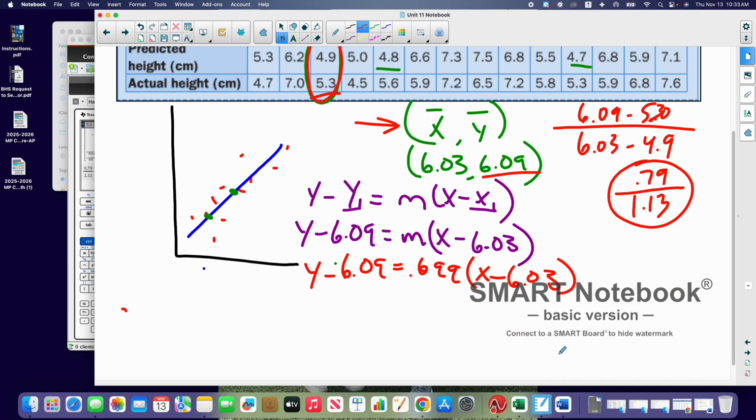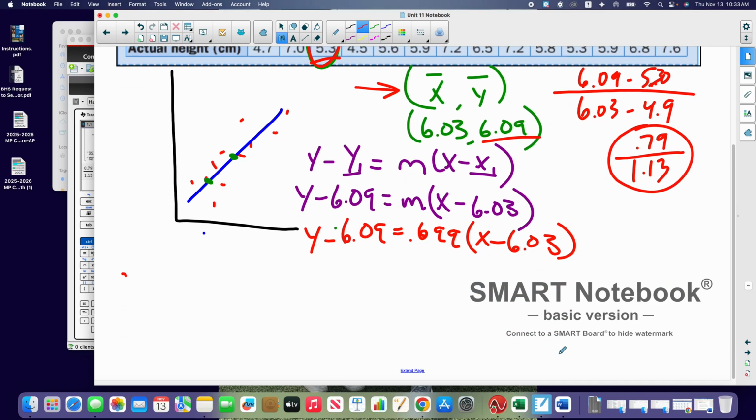Some of you might go, I don't really like the way that that's written. And you'll probably change that to slope-intercept form. How could we change this to slope-intercept form? Multiply this out, distribute, okay? So that would give me y minus 6.09 equals 0.699x, and then I'm going to put that in my calculator as well.